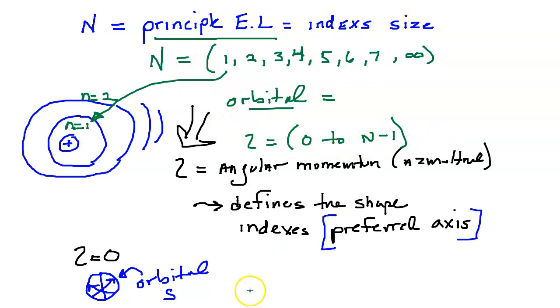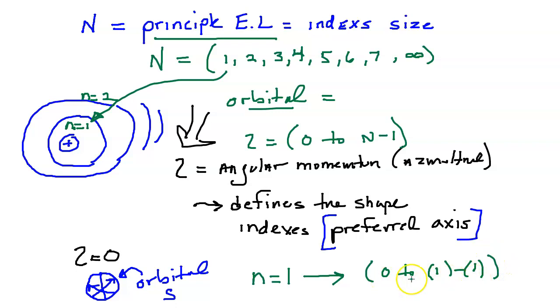For instance, if n equals 1, if the principal energy level is 1, the first, quote, shell, we don't talk about shells anymore, then we put this in our law, and L is equal to 0 to n minus 1, and since n is 1, 1 minus 1, of course, is 0.